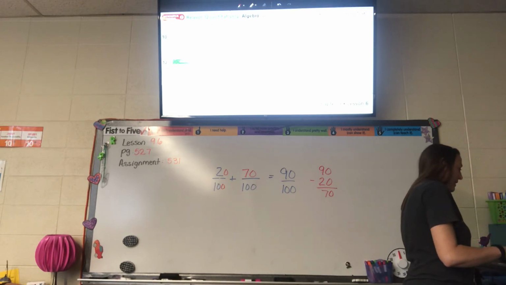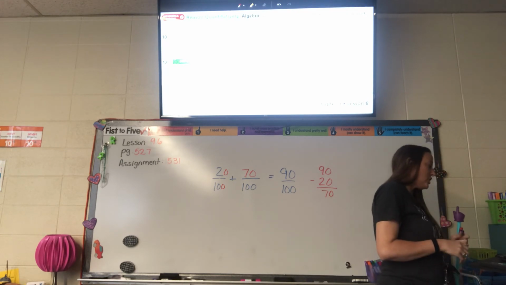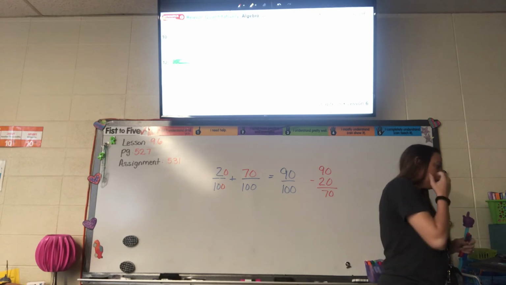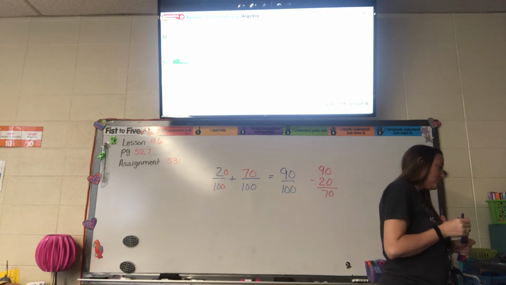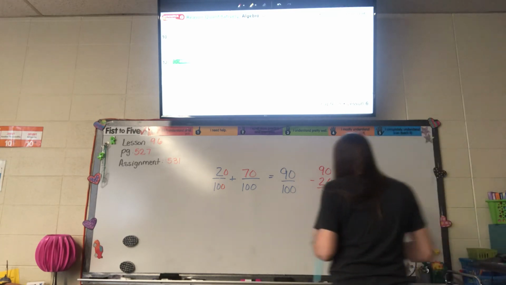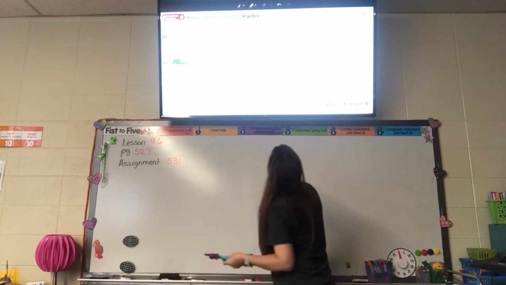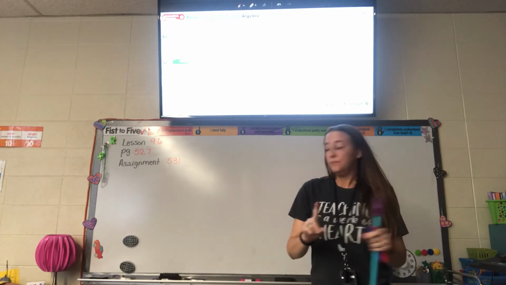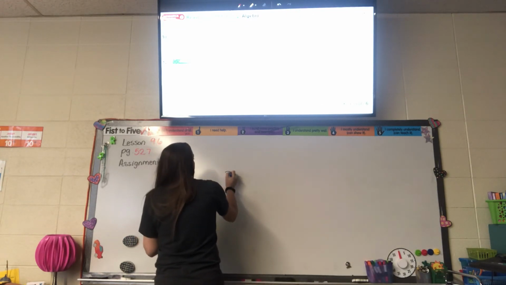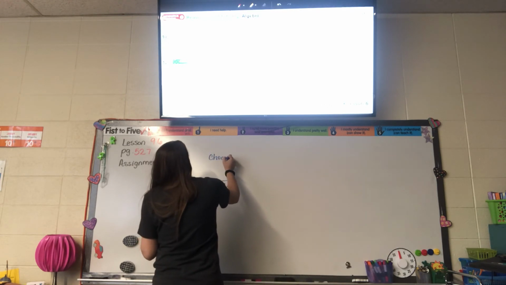Okay, and now Jerry had 1 gallon of ice cream. He used 3 tenths to make chocolate milkshakes and 40 hundredths gallon to make vanilla milkshakes. How much ice cream does Jerry have left after making the milkshakes? So, he's got a gallon, which is 1 whole. And he uses 3 tenths to make chocolate milkshakes.